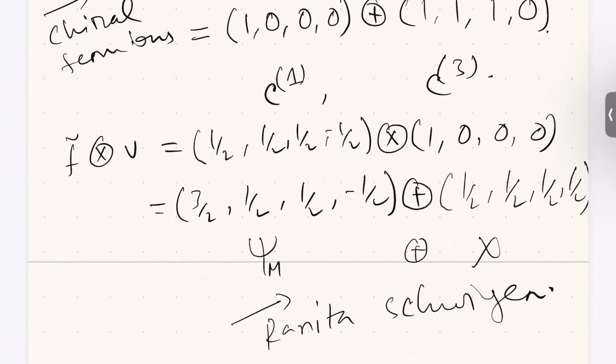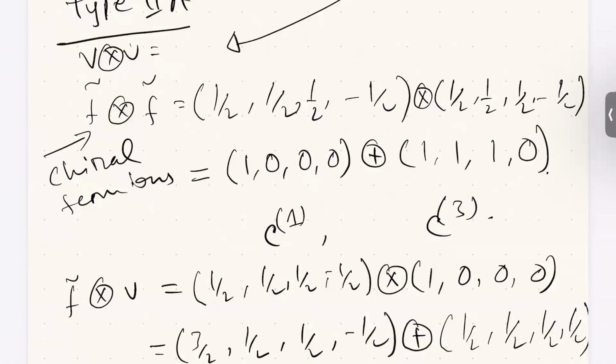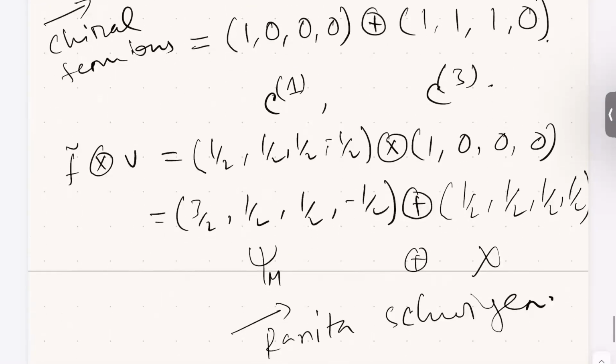So once again, you see the chiral fermion cross the vector gives you the Rarita-Schwinger field, but chiral fermion times chiral fermion, they give you this higher form field, and this will appear in the low energy limit of your theory.